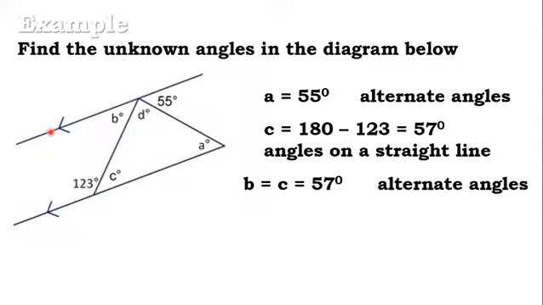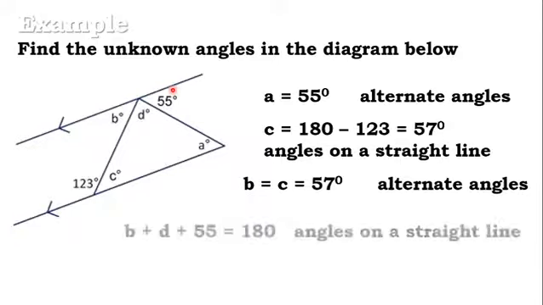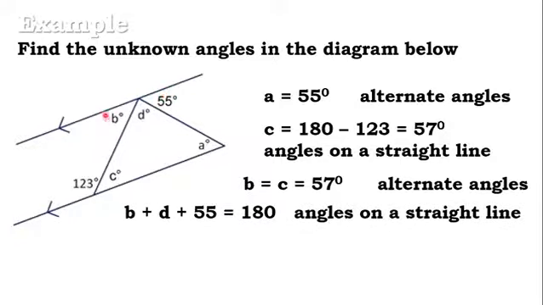And last but not the least, angle B and D and 55 degrees are all angles on a straight line. B plus D plus 55 degrees should give us 180 degrees. And the reason is because they are all angles on a straight line. You remember, angles on a straight line add up to 180 degrees.